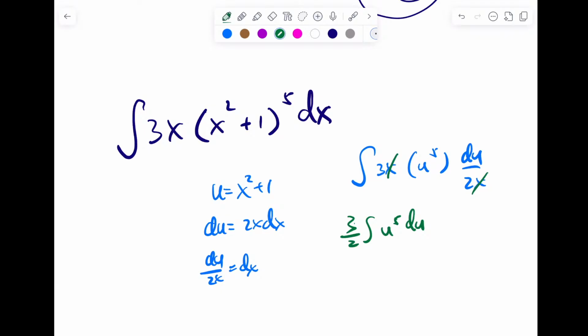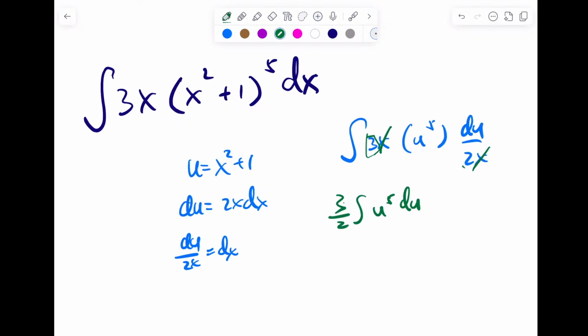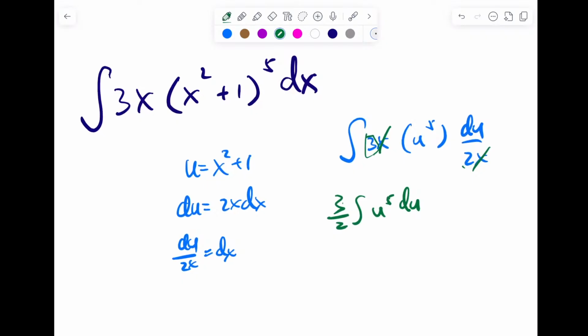Why not 2x? The derivative of x squared is 2x. So you see this is 3 over 2, this is 3, this is over 2, right? So it's 3 over 2 outside. Does that make sense? I was just wondering why it was 2x for the du. du equals 2x dx, right?